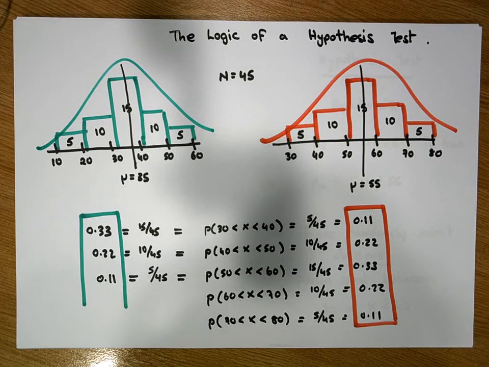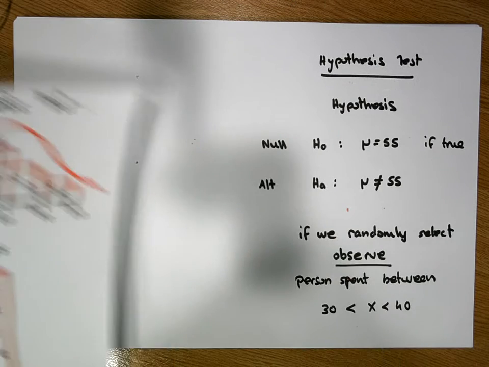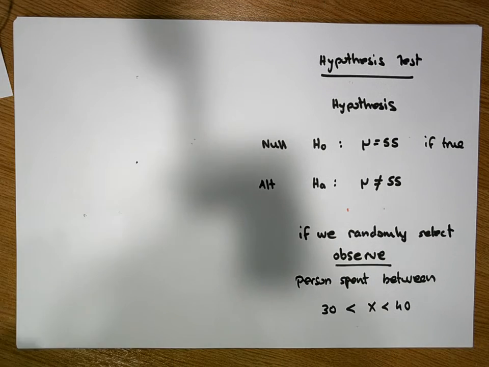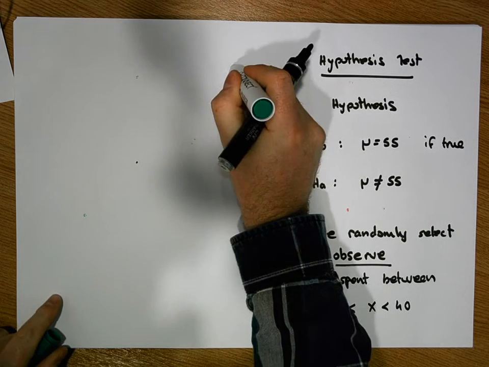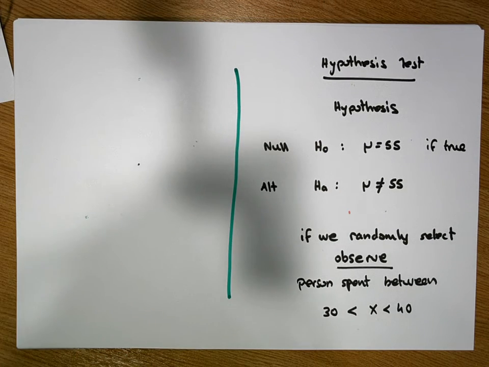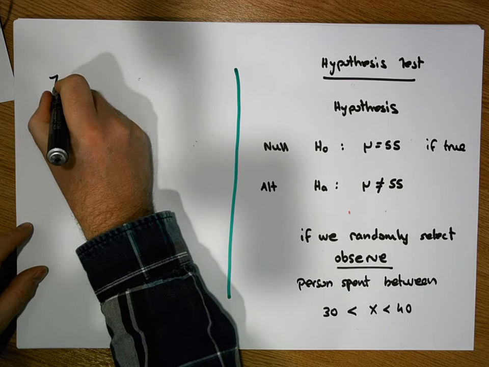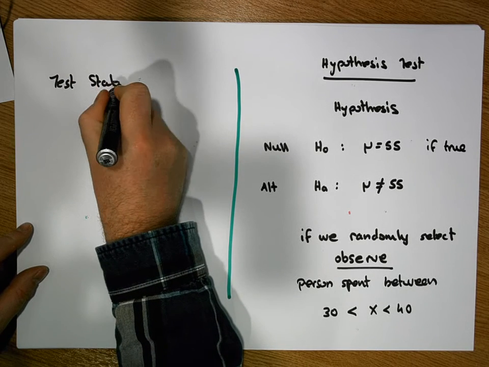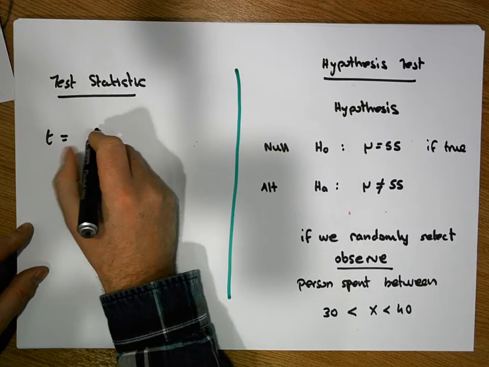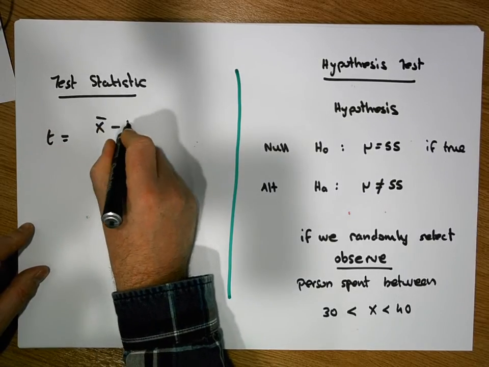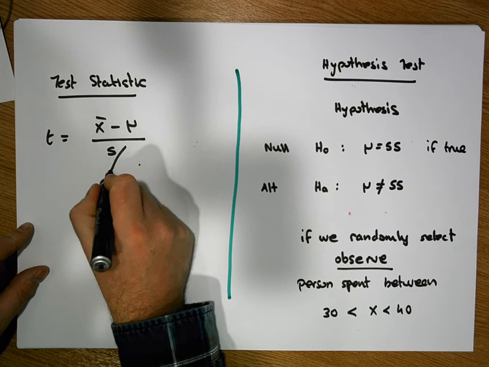And this is where our test statistic comes into play. Let's just assume that we're dealing with a t-test. So our test statistic is t equals x bar minus mu over s over the square root of n.